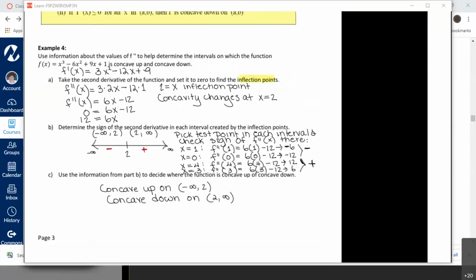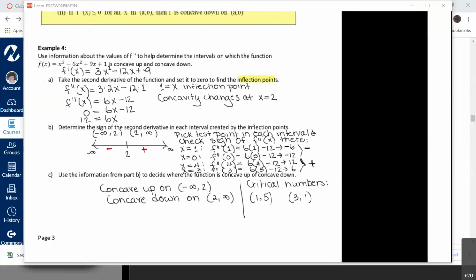Now, again, let's see if we remember we had critical numbers for this function. One of them was 1 comma 5, and the other was 3 comma 1. So you have to look at the two critical numbers.